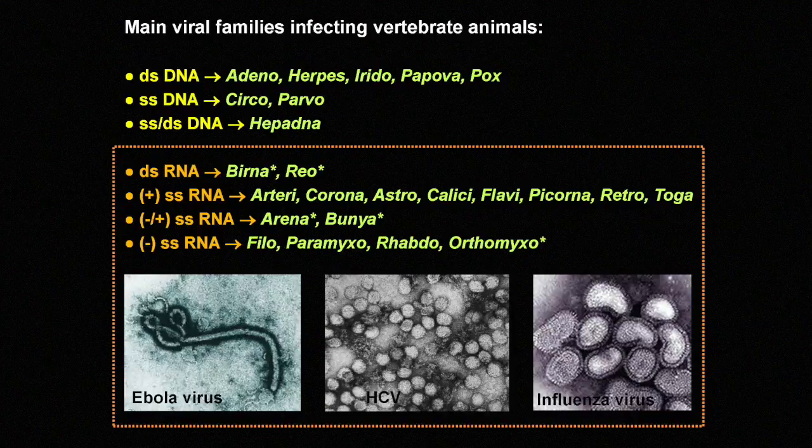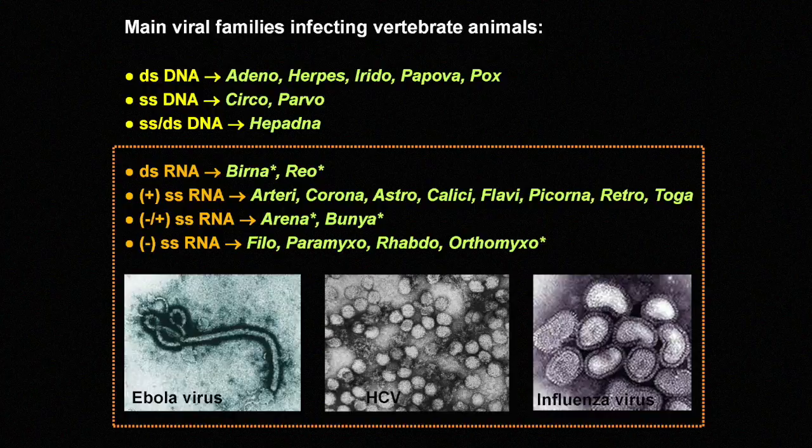And this is even more interesting. The Hepadnaviridae family that contains, for instance, hepatitis B, has a genome formed by double-strand and single-strand DNA. It's quite complex. But there are more families of viruses with RNA genome, double-stranded RNA genome, and single-stranded RNA genome of different polarities. This is not important now.